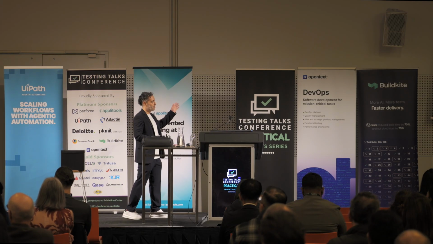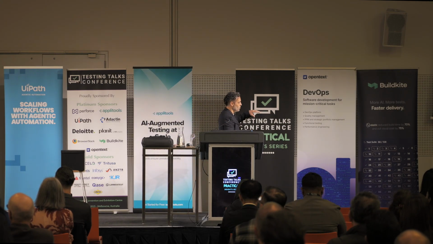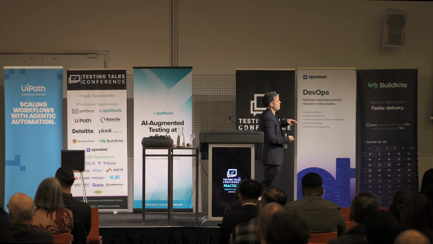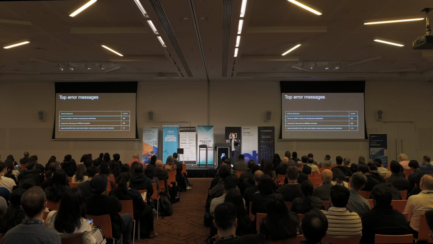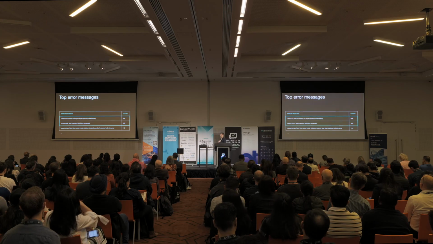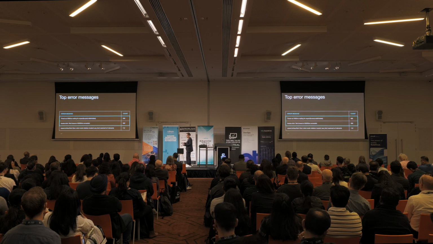This is just text and numbers. The actual error messages, how many times did we have those errors for flaky tests? And what we can see is that we had two main reasons for flakiness. One, the test timeout, waiting for something to show up on the screen. And the second one is that the entire test took too long, right?